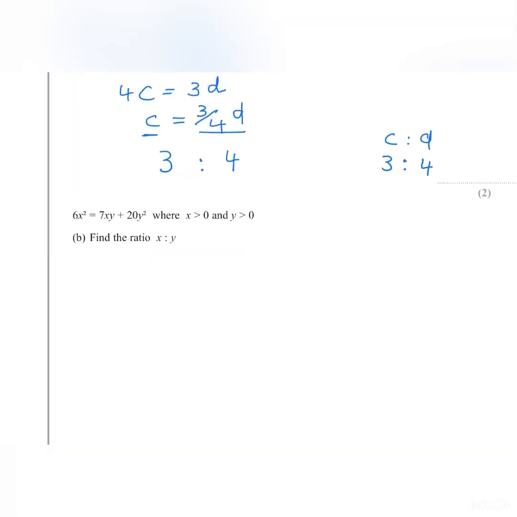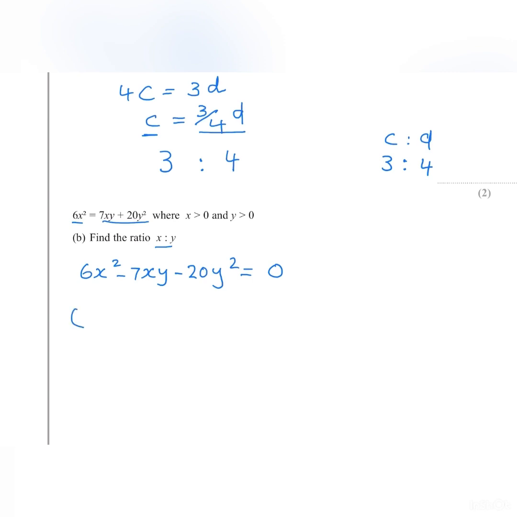Okay, part B, we have a quadratic equation, and it says find the ratio of x to y. So I would put everything equals 0. We got 6x squared minus 7xy plus, now it should be a minus because we're taking away 20y squared from both sides, equals 0.